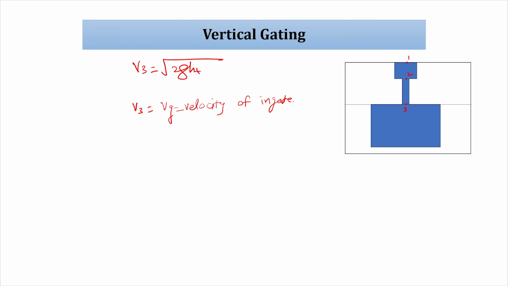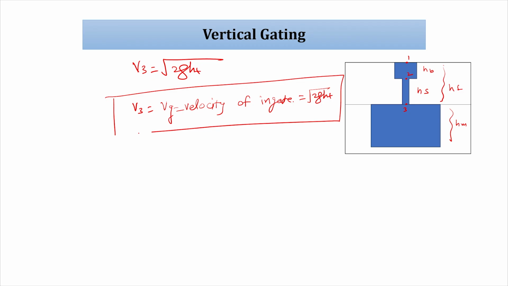So you can write V3 is Vg and that is equal to root 2g HT. Now we know the velocity, and we know AG, the cross-section area of the ingate, also.